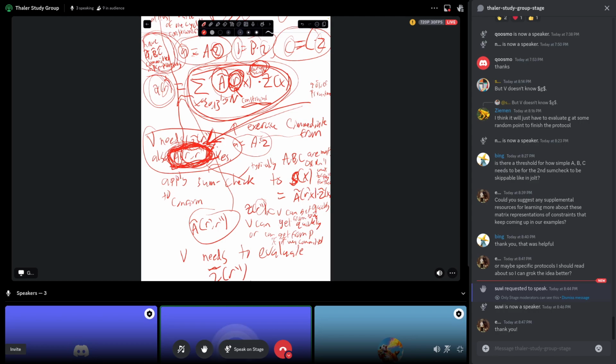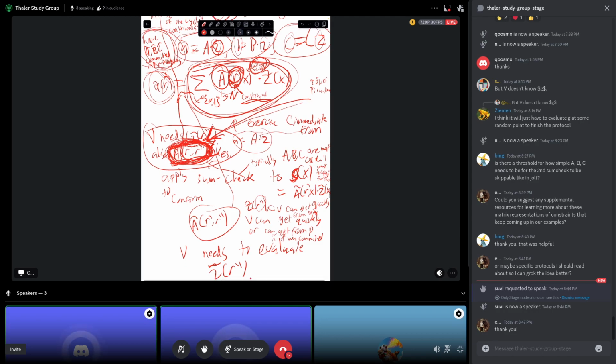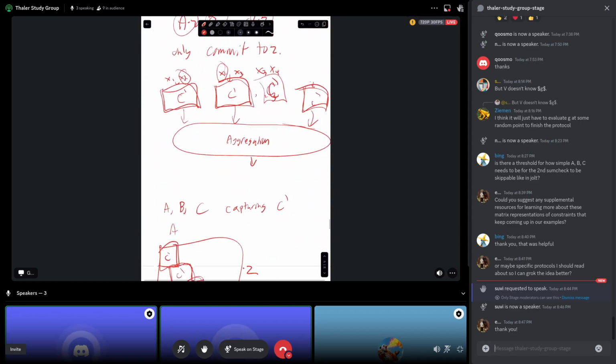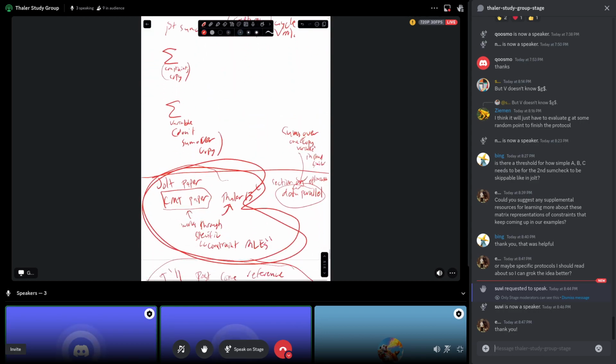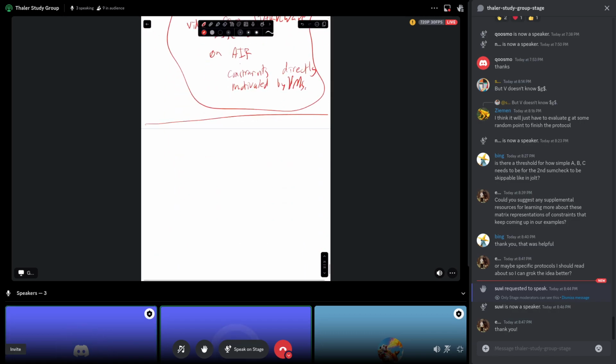Let me make sure I understand the question right. I think you might be referring to this: today I said EQ twiddle of x comma r is the multilinear extension of the function that outputs 1 if x equals r, if they're both in the hypercube, and 0 otherwise.